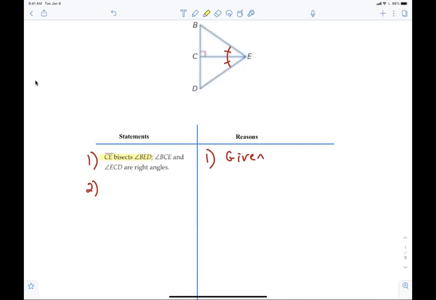So what's true when CE bisects an angle? The angles are congruent, right? The angles are congruent. Now, again, I can't do really any better than that.